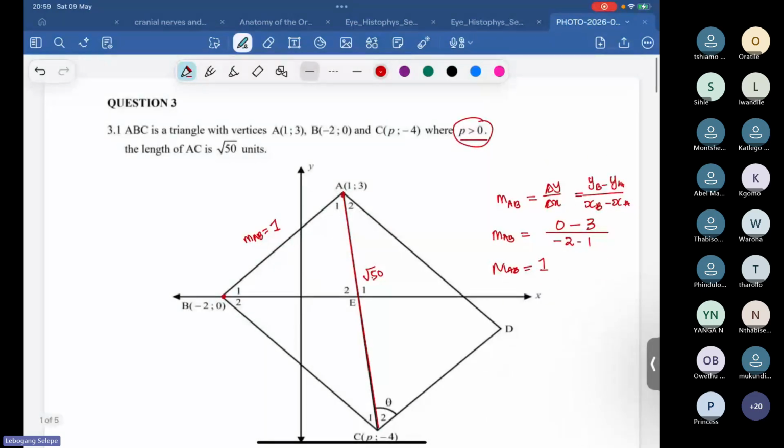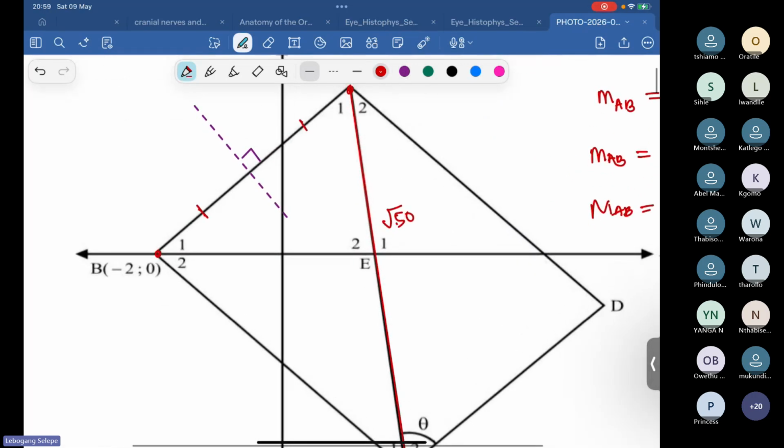So now there should be a line like this. Let me just remove this. So a perpendicular bisector of AB would be a line like this. And this line is perpendicular to AB, and is perpendicular such that it cuts AB into two equal halves.